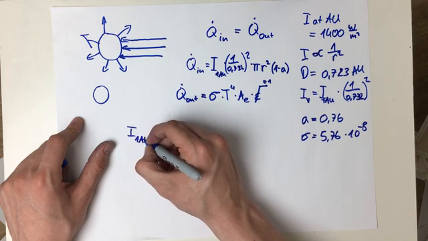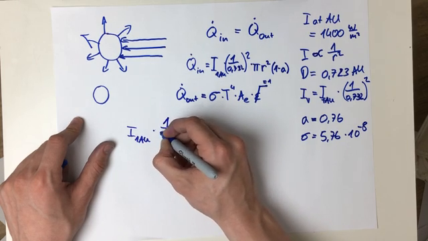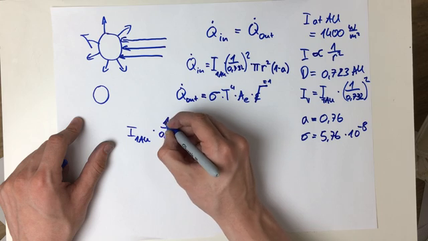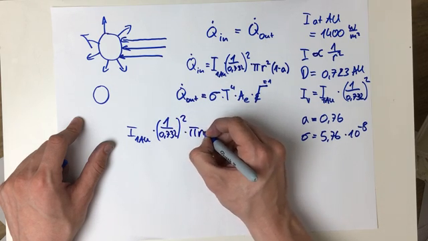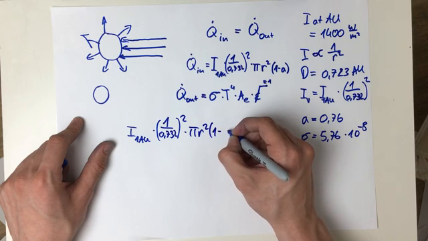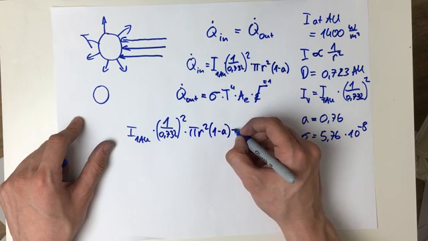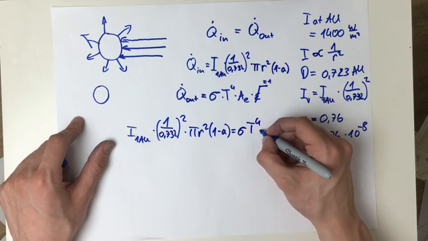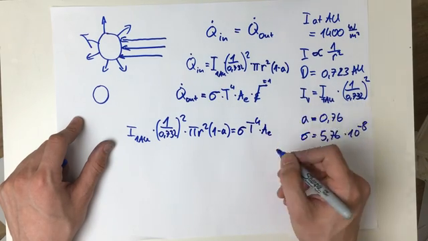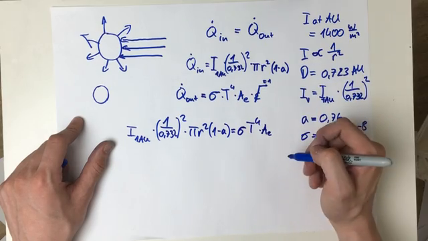Then set 1 AU times 1 over 0.732 squared times pi r squared times 1 minus A is equal to sigma T to the 4th times A E, and we just leave out the 1.